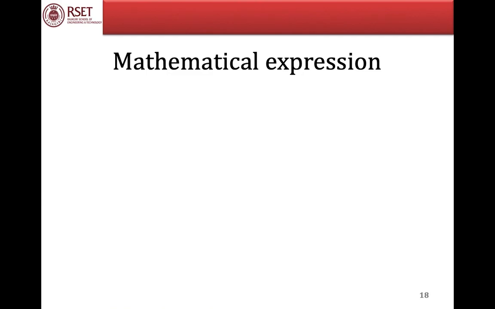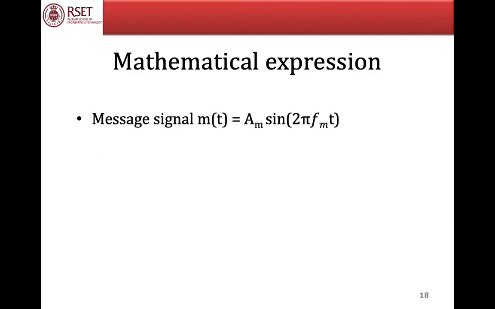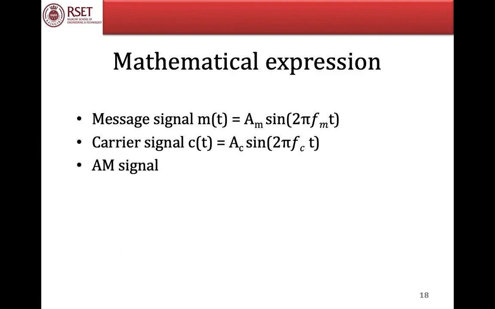Now let us look at the mathematical expression for AM. If the message signal is represented as m(t) = Am sin 2π fm t and the carrier signal is represented as c(t) = Ac sin 2π fc t, then the amplitude modulated signal is given by Vam(t) = (Ac + m(t)) sin 2π fc t.